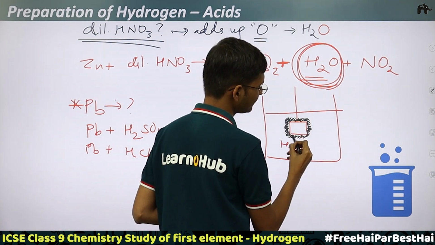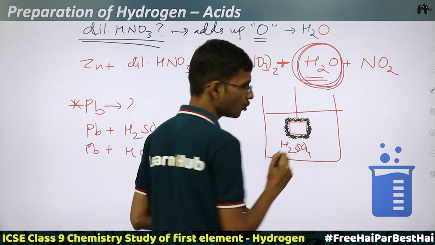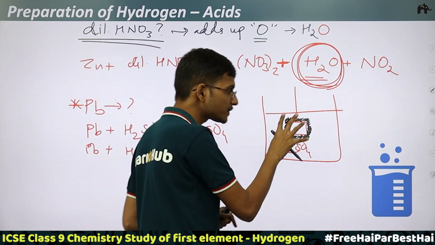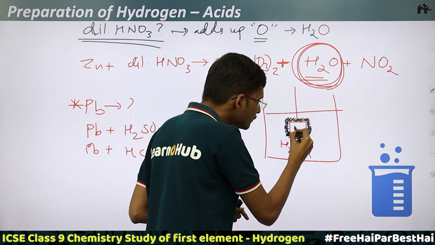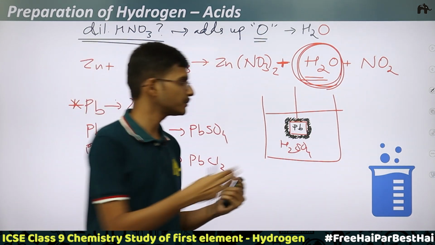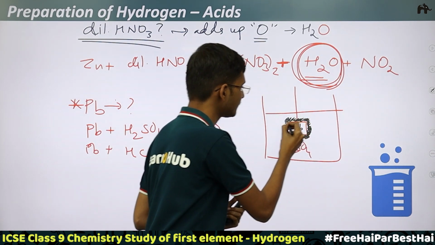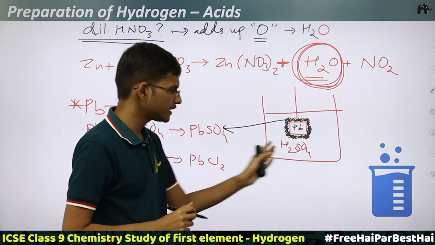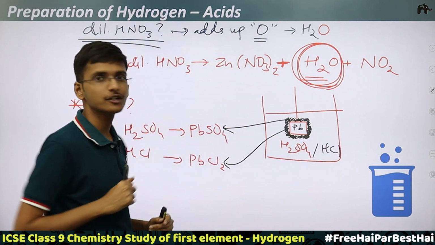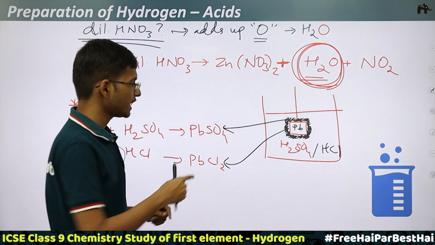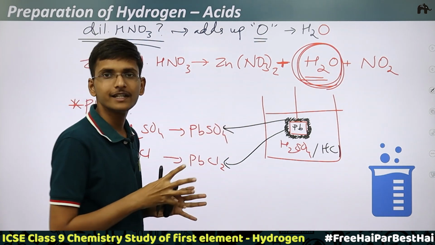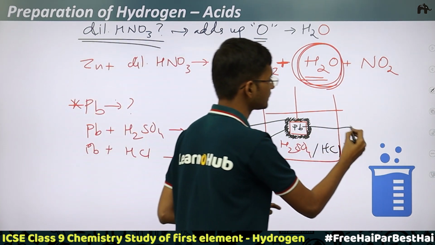And this lead sulfate coating, oh my god, this is insoluble. So the inner lead metal would remain protected because of this outer lead sulfate coating. Or if I have taken hydrochloric acid, then it would have been a lead chloride coating. This insoluble coating of sulfate or chloride protects our lead and the further reaction doesn't take place.